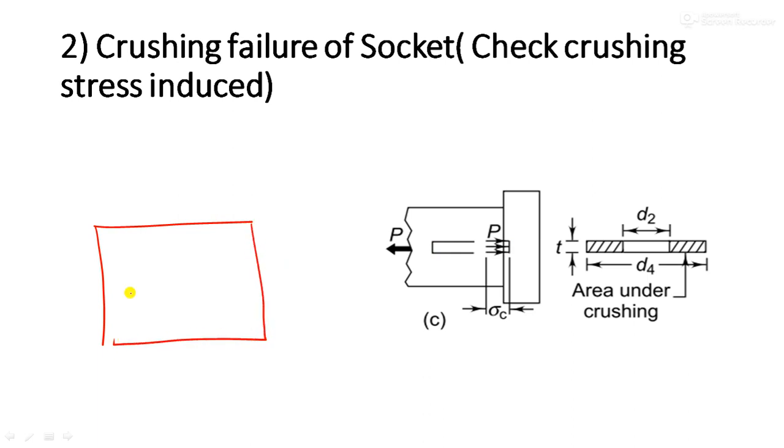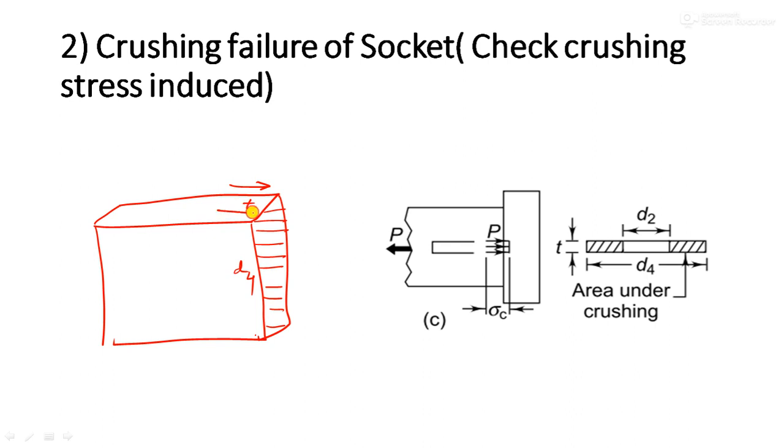Look from the top view. So this will be thickness T and this will be, let us say, D4. Whenever you are inserting a Cotter inside this socket, you can see that at this area, which is D4 multiplied by T, what will happen?